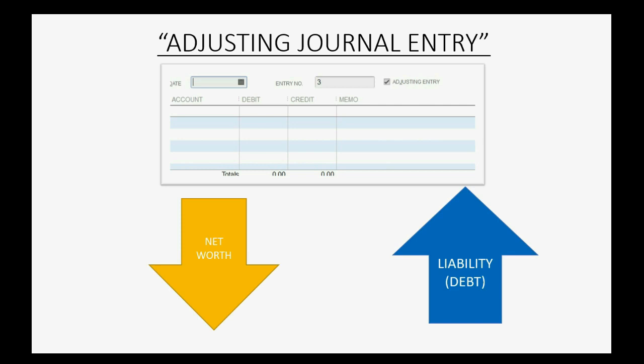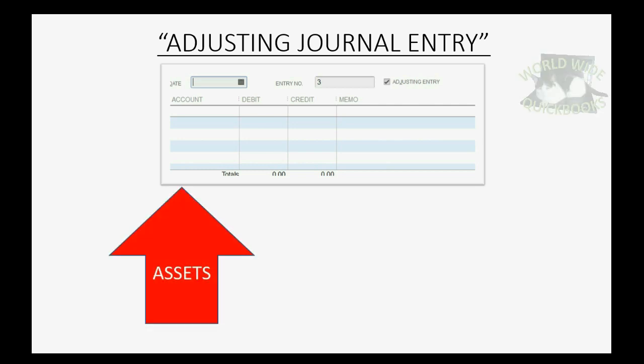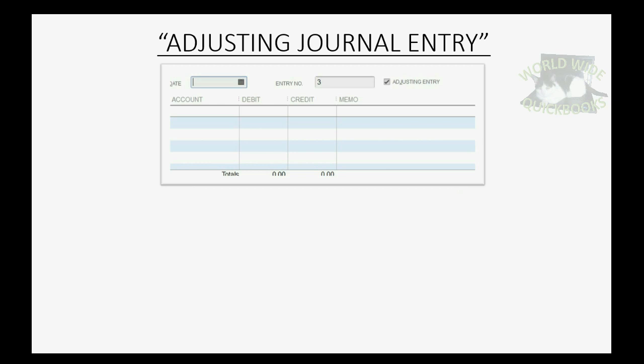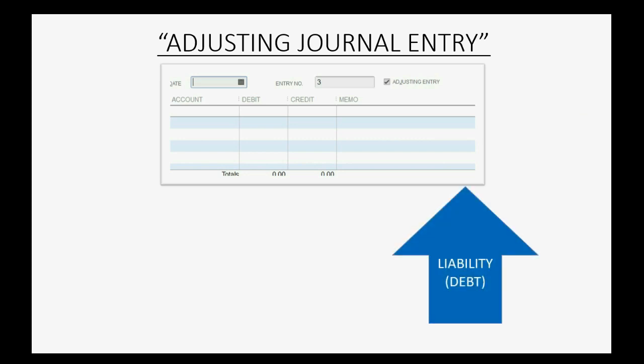Why is that? Why will your net worth decrease if you add a liability to your books and records? Well, if assets make your net worth go up when you add assets, and liabilities are the opposite of assets, then when liabilities go up, net worth goes down.